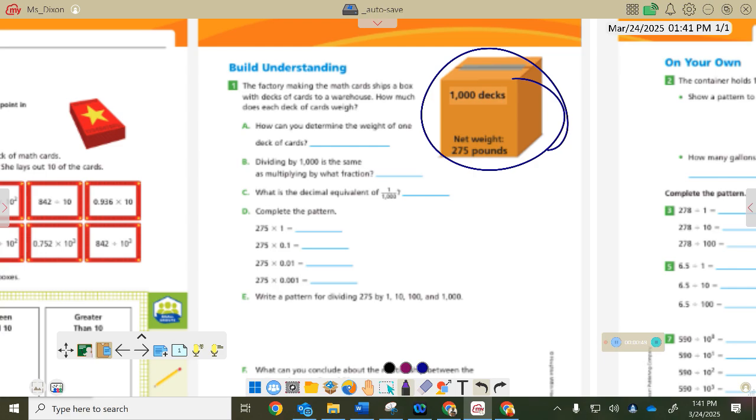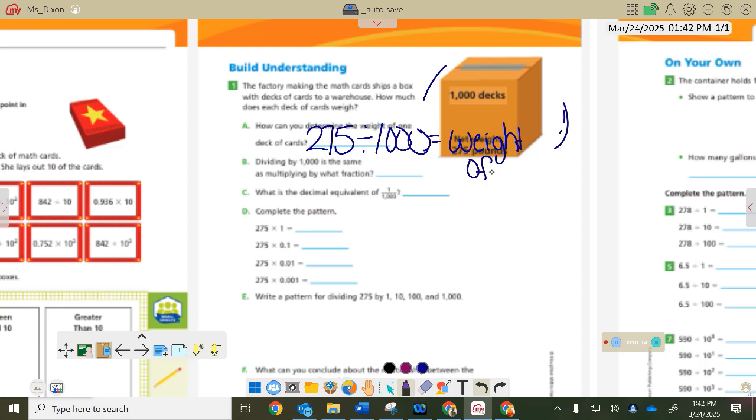Since the total weight is 275 pounds, to figure out what one deck would weigh, you divide that by how many decks you have. So that would be 275 divided by 1,000, which gives us the weight of one deck.